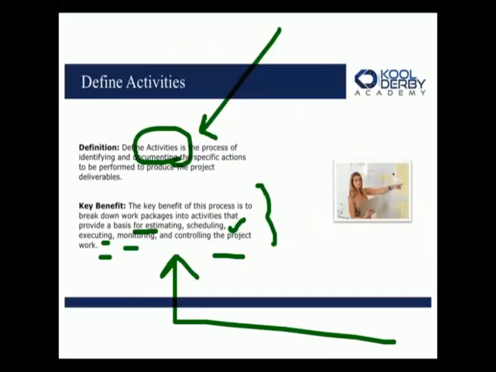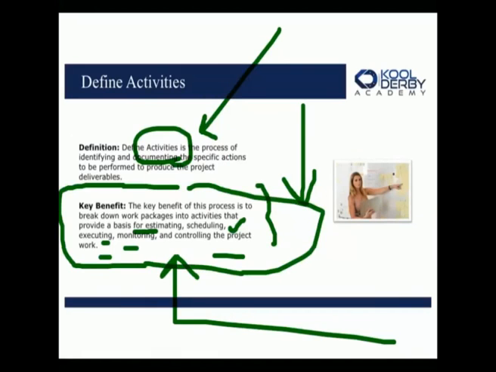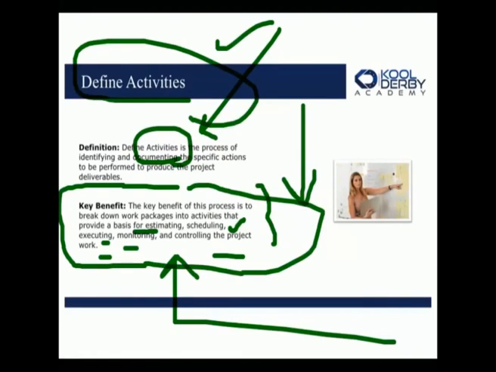All right, so don't forget that the reason we're decomposing the project is so that it's more manageable. If we don't decompose it, we can't work on the project. Now, what I found interesting from the exam standpoint is this one right here. The key benefit of this process, called define activities, is that we're breaking down the project to where we can estimate, schedule, execute, monitor, and control the work.